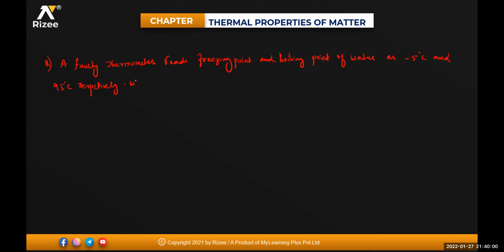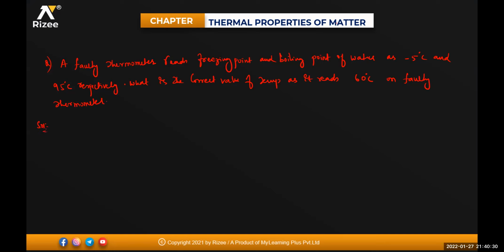What is the correct value of temperature as it reads 60 degrees centigrade on the faulty thermometer?